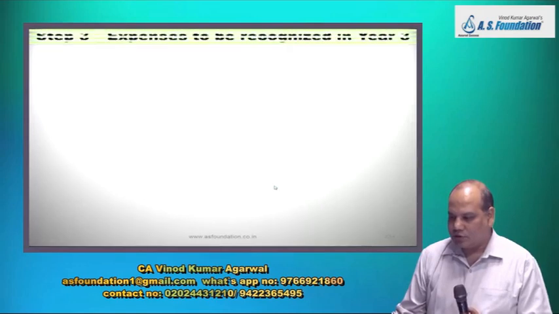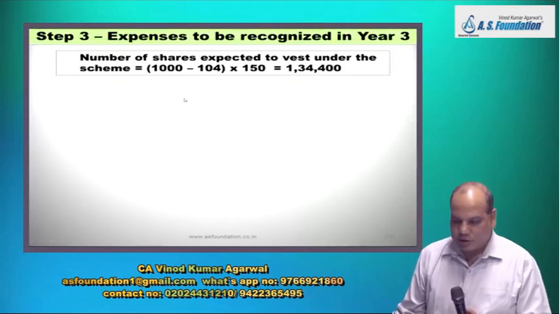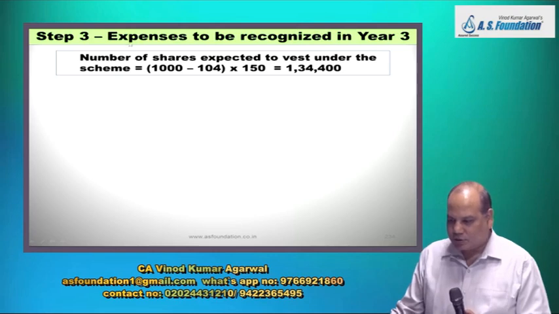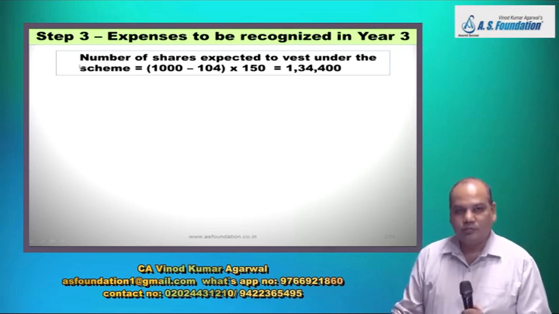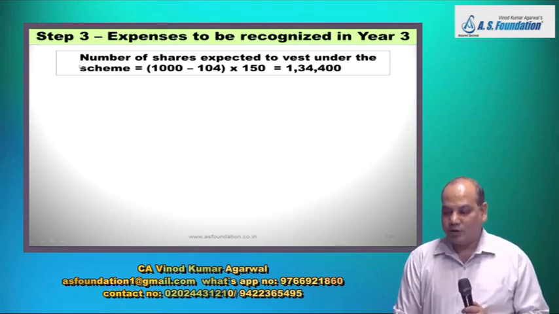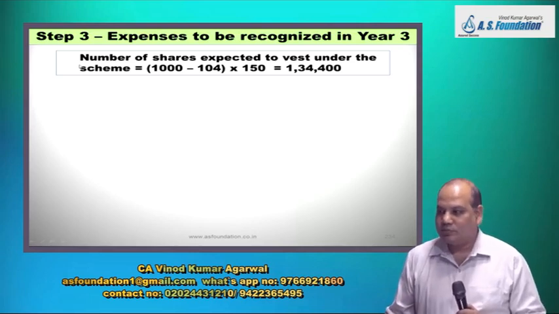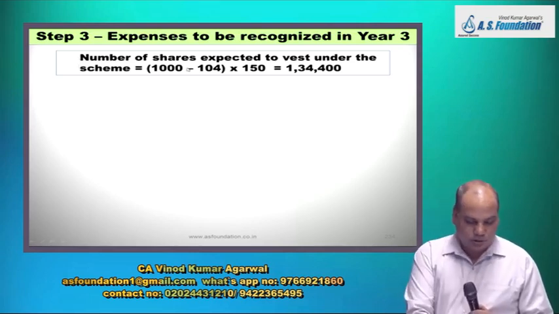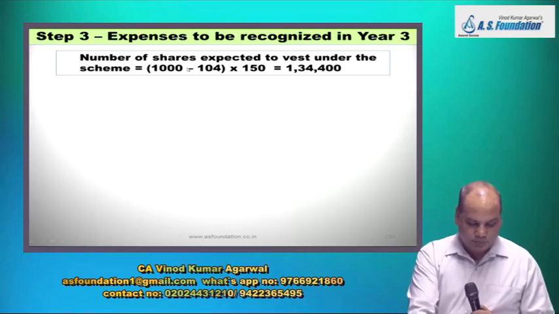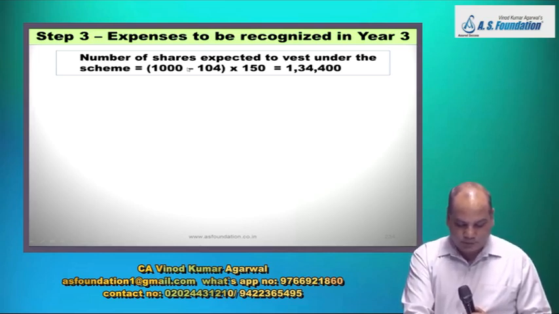Okay, now the last year is easy. No complicated calculation. First write down the heading, expense to be recognized in year 3. Under that, A, number of shares expected to vest. 1000 minus, how many employees have left? 35, 30, 38.